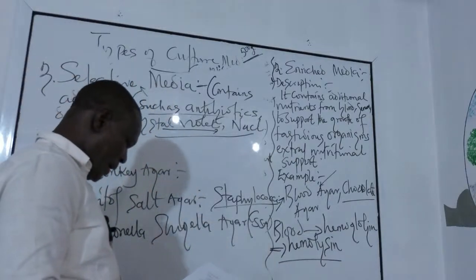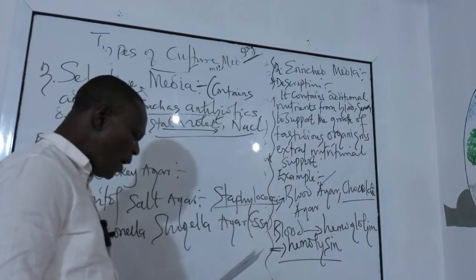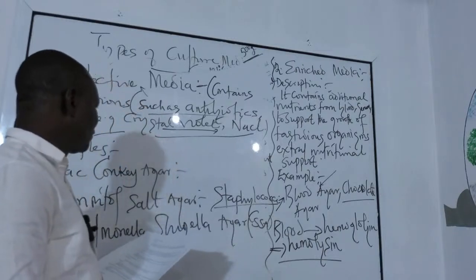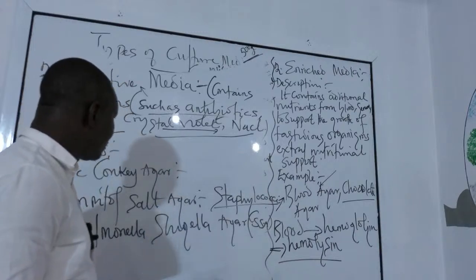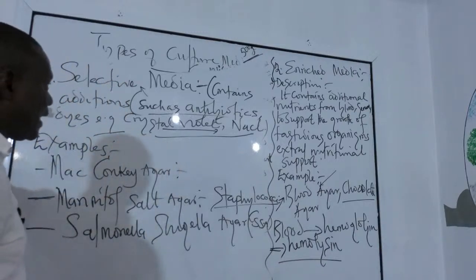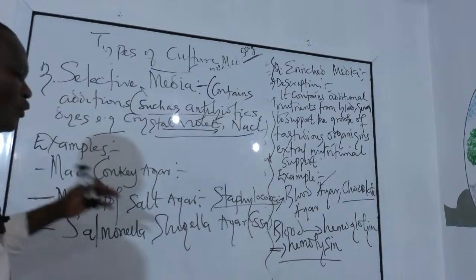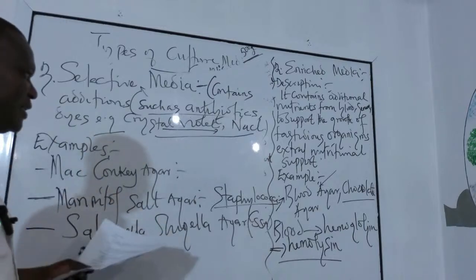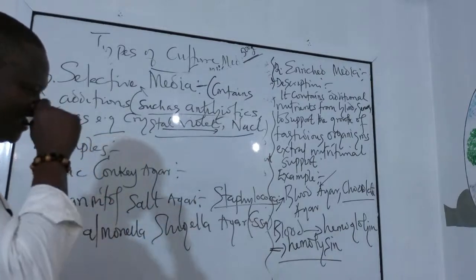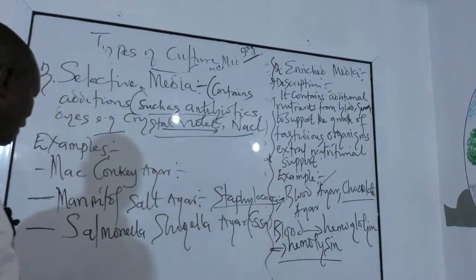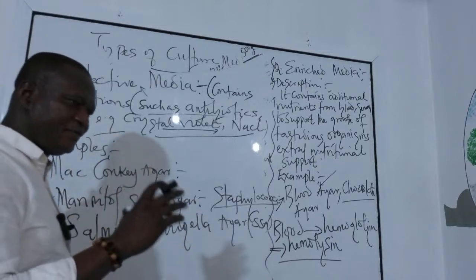Okay, and why are we so interested? That is the purpose. The purpose of using selective agar is more of identification. It is at this point that you want to identify. You want to know your selectivity.